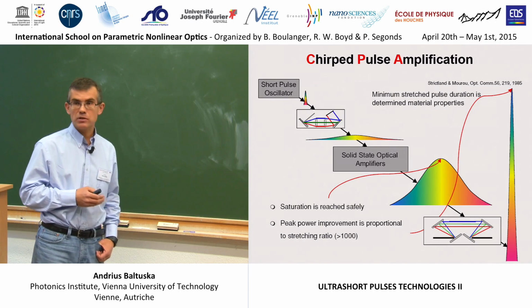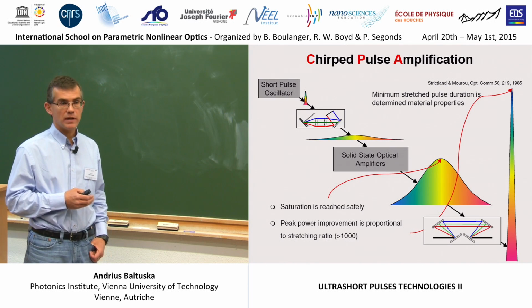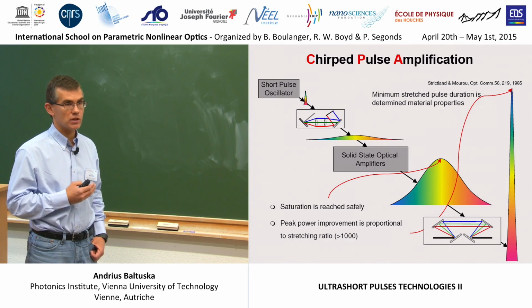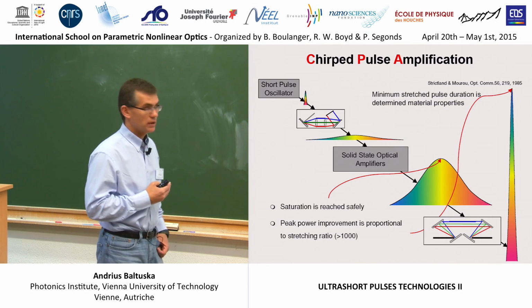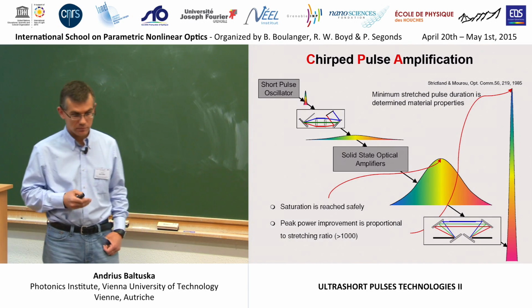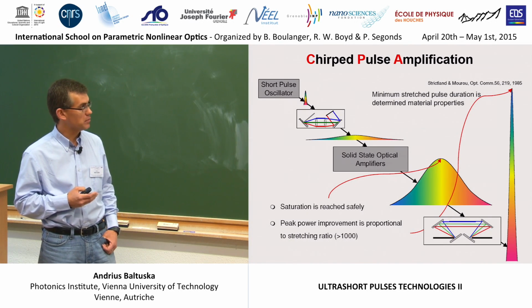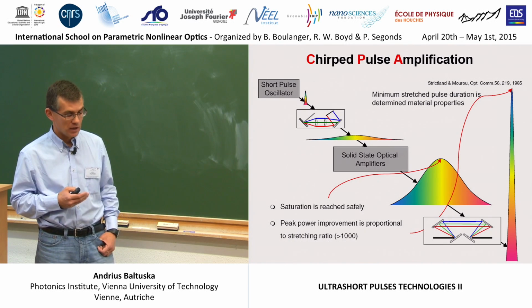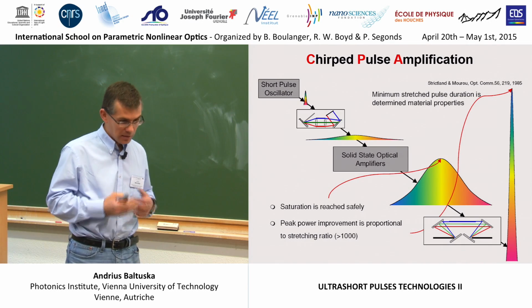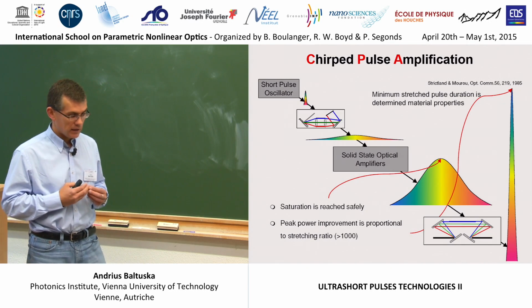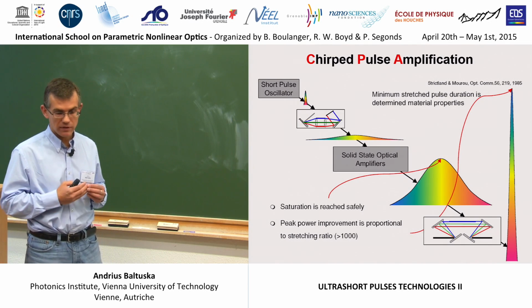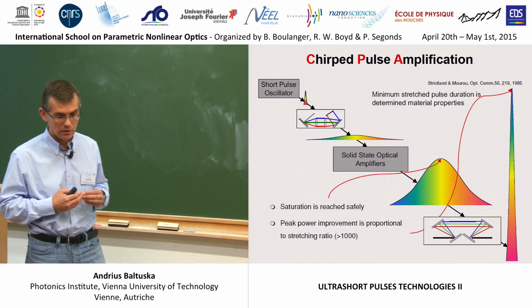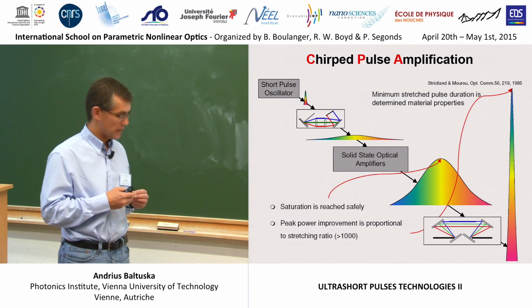And if we don't stretch the pulse, that corresponds to a very high intensity, which would damage the crystal. So in fact, the motivation behind short pulse amplification is not the damage outright, but it's really the efficiency of the amplifier. You can make a very inefficient amplifier, and you wouldn't need to do short pulse amplification.